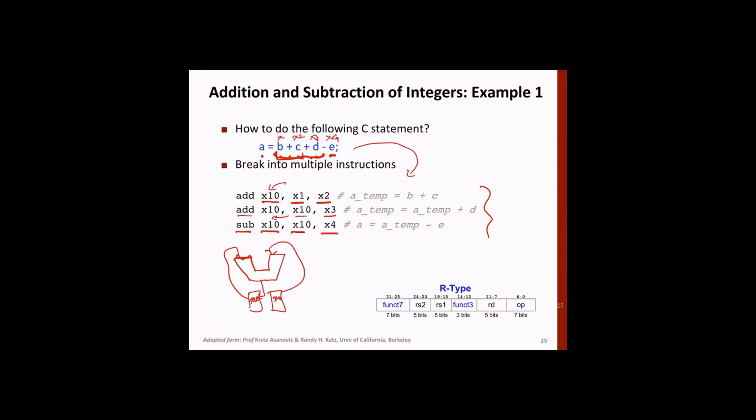It means take the value from X10 and subtract the value of X4 from it, and the result will go to X10, where X10 represents A. Is it okay?